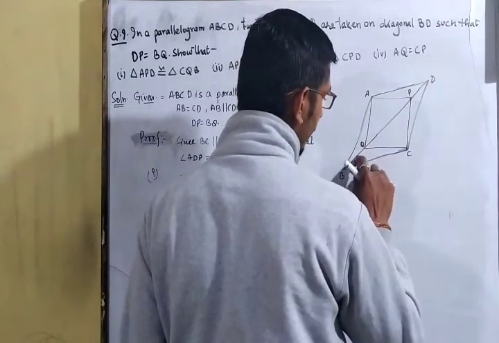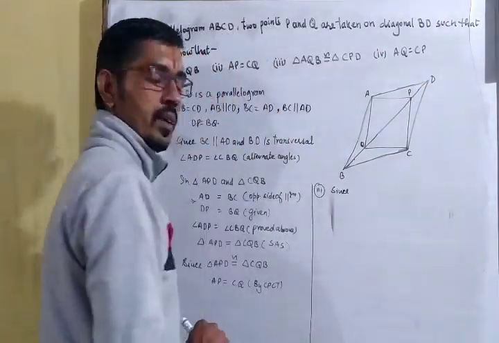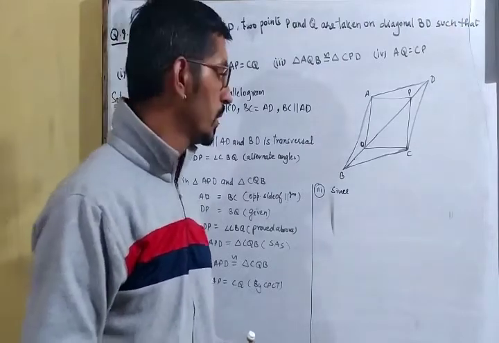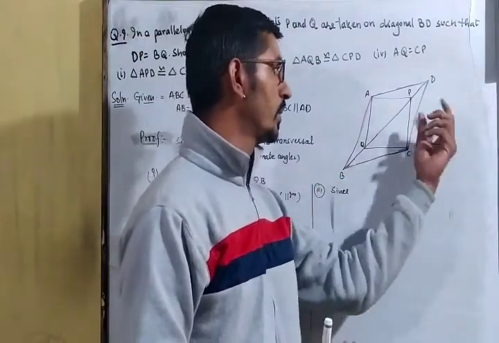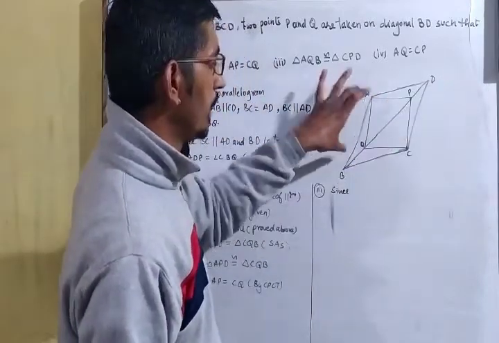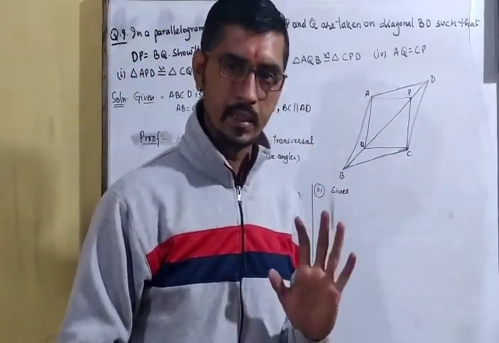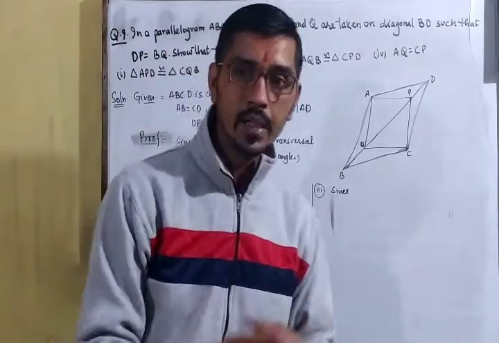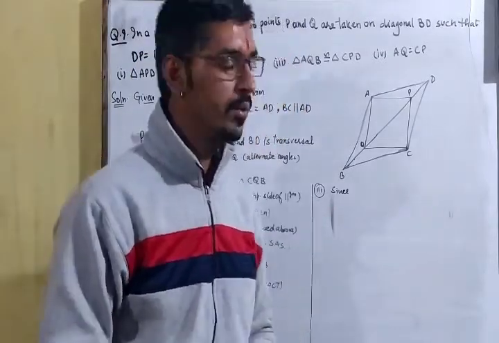Only two things we are having. Okay, so how to prove? दो sides equal दी गई हैं हमको. DP is equal to BQ and DC is equal to AB by parallelogram property, we can say. But we need one another thing. एक और चीज चाहिए. So how to prove?